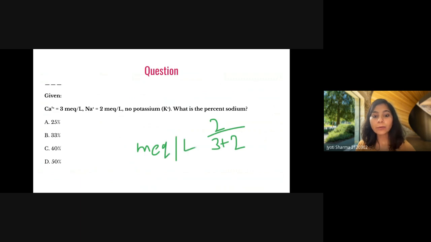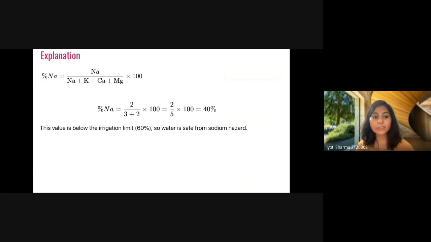But if we want to calculate in mg per liter as CaCO3, then this will change because we have to convert that value. Anyway, let me show you. Yes, C answer is the right one. So this will be 2 divided by 3 plus 2, and this is 40%. This value is below the irrigation limit, that is 60%, so water is safe for irrigation.